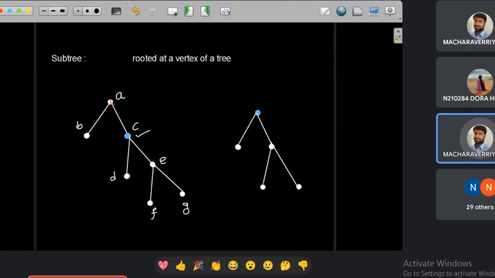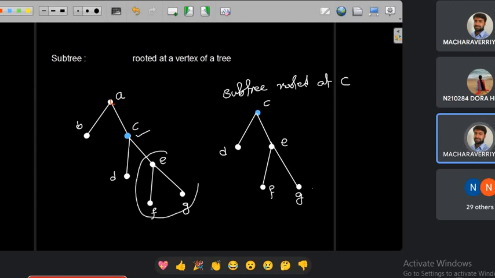Alright, so the subtree rooted at C is this, that is C, D, E, F. Okay, similarly, what is a subtree rooted at E? So you can have only this, right? So this is the subtree rooted at E.